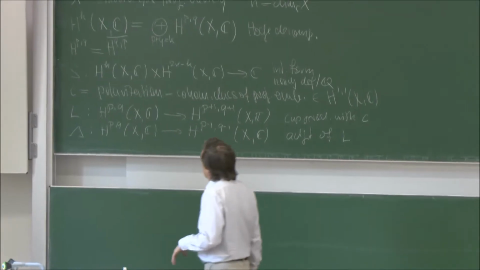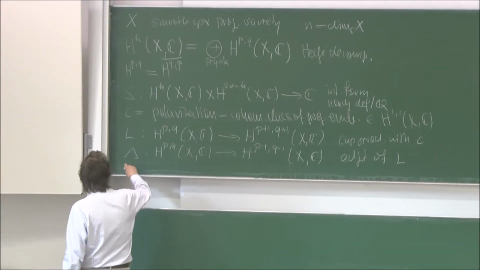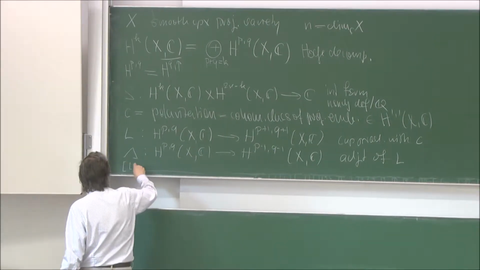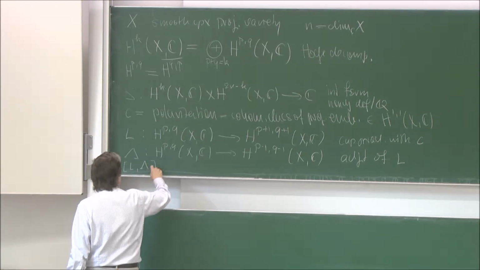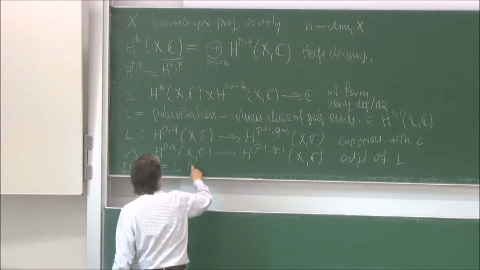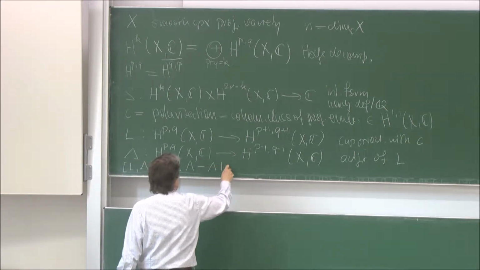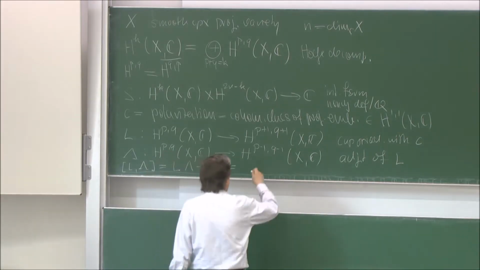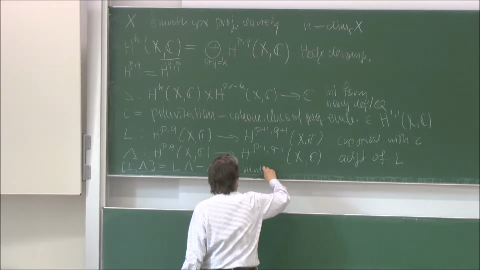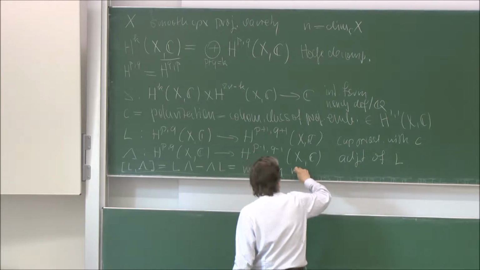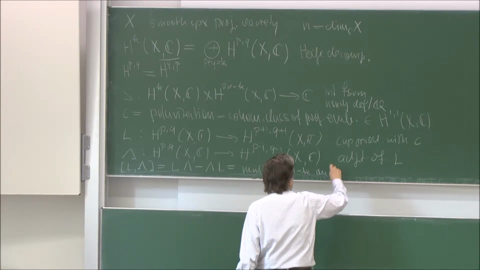So then it turns out that if one looks at the commutator, L lambda minus lambda L, this is equal to multiplication by n minus k on H^k.